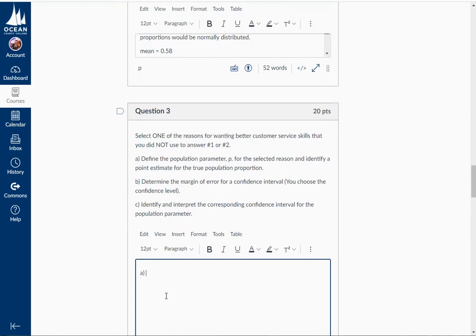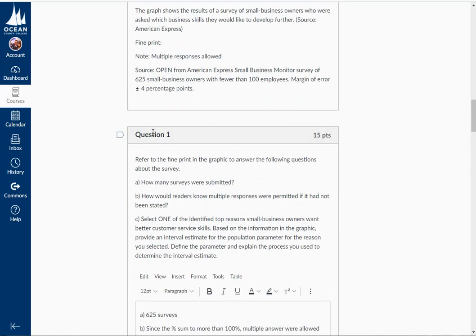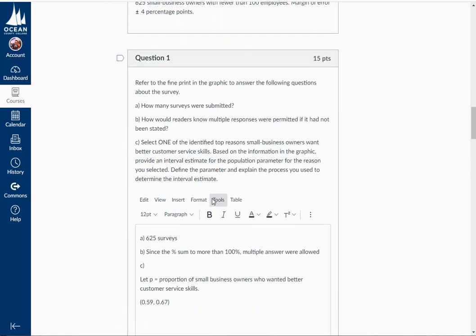So again, let P be equal to the proportion of small business owners who want better financial management skills. And our point estimate is equal to P hat. So that's equal, in this case, to 0.48.